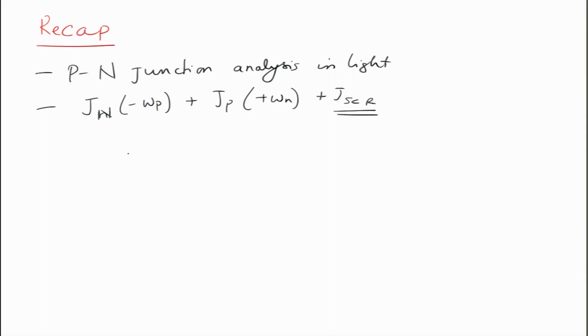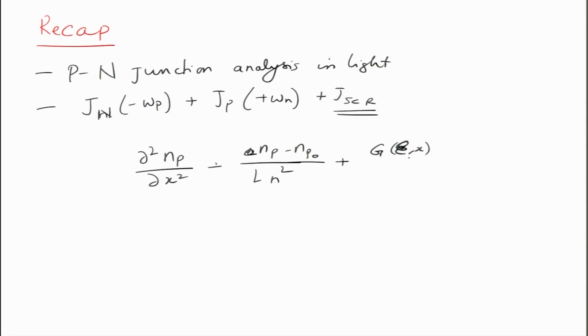minority carrier equations. The carrier equations were del 2 Np by del x square minus (Np minus Np naught) divided by Ln square plus G ex divided by Dn.